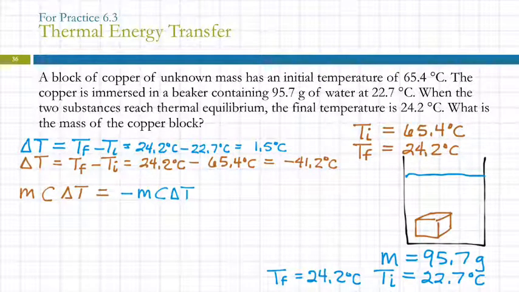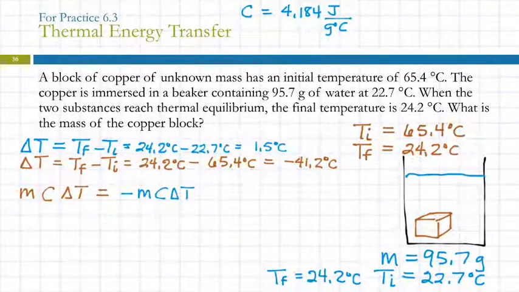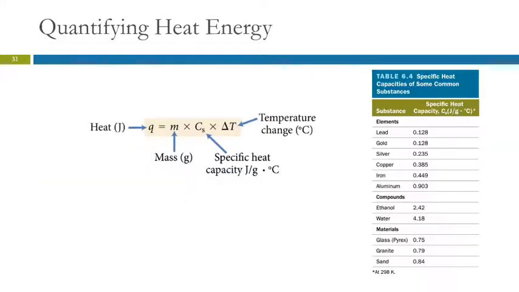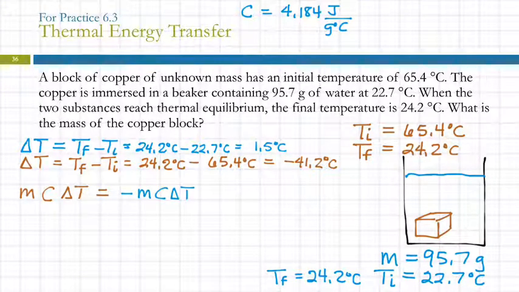Well, specific heat capacity for water is 4.184 joules per gram degrees Celsius. For copper, though, I got to go look that up. So here's copper, 0.385 joules over grams degrees Celsius.